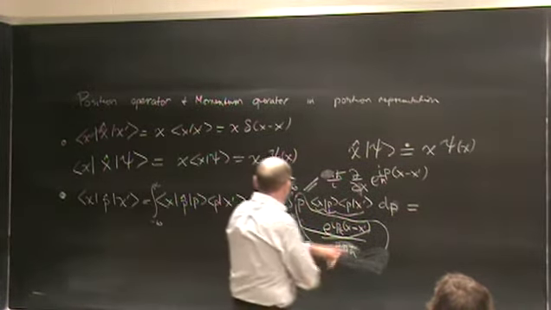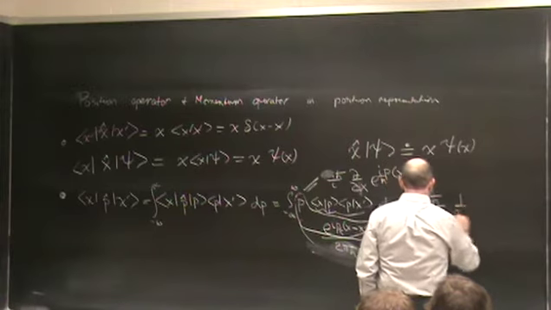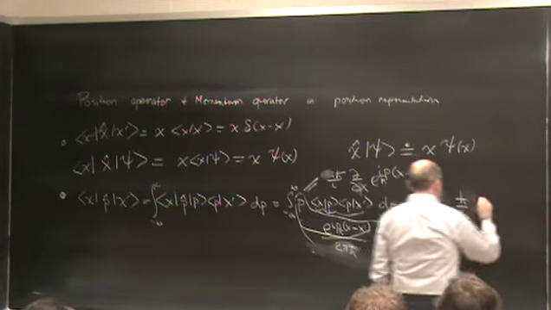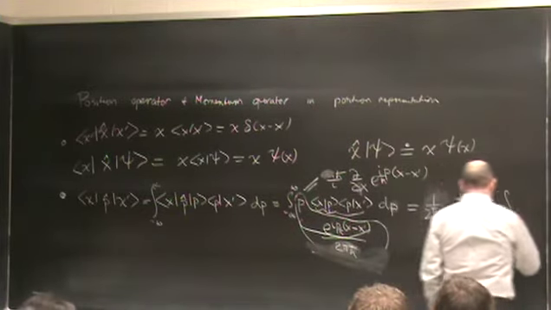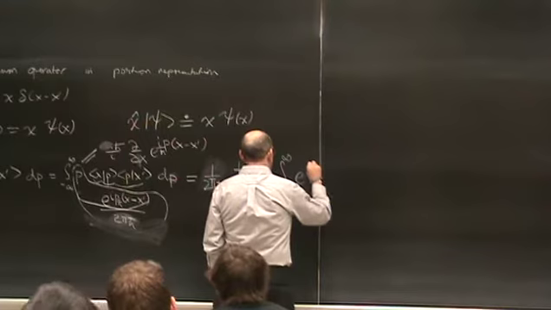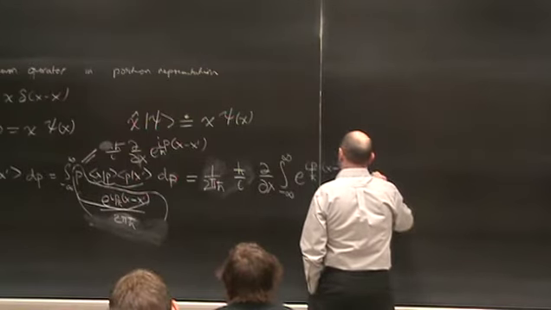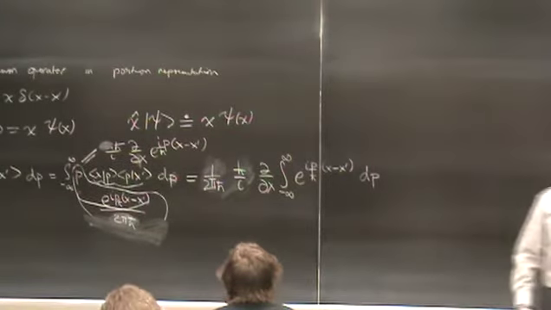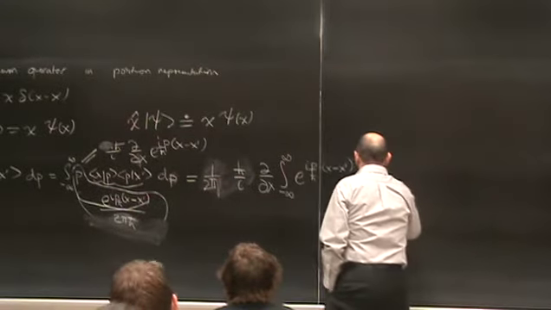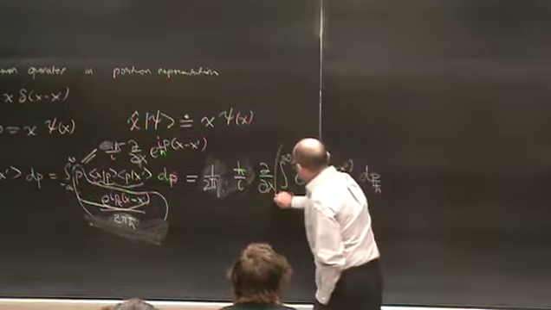So, what do I see here? Well, this tells me that this is equal to h bar over i times 1 over 2 pi h bar, and I can factor the d by dx outside the integral, because this is an integral over p of e to the i p over h bar (x minus x').